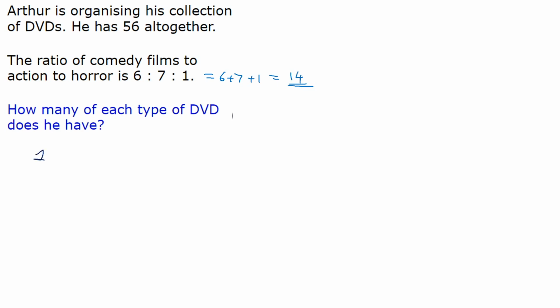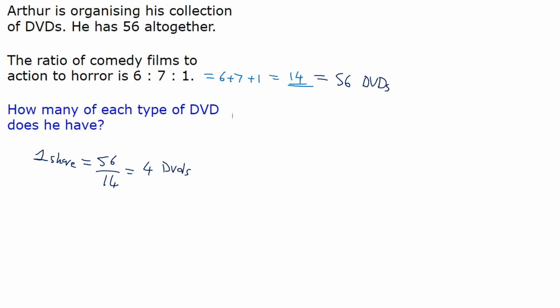So 1 share is equal to, how many DVDs does this represent? 56 DVDs. Okay, so 1 share is just going to be 56 over 14. That's just going to be 4. So 1 share represents 4 DVDs.